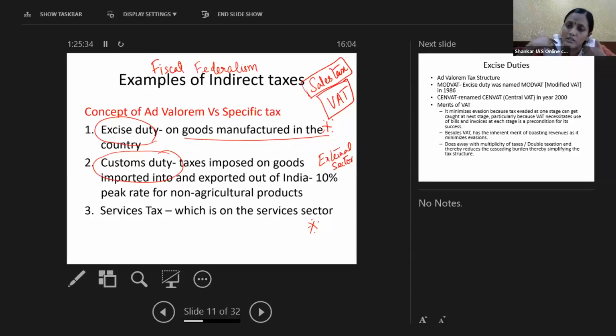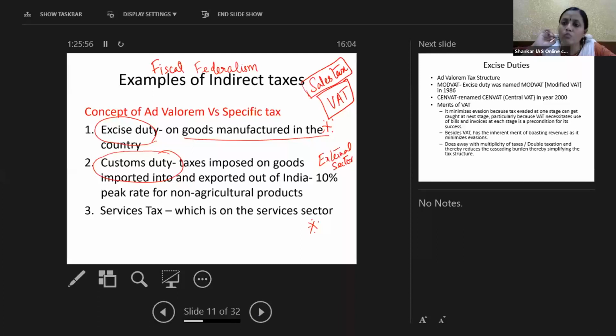Actually, this concept has been taken from the European countries, value-added taxation. How did we modify it? We wanted to levy this taxation upon the manufactured goods. So it could have been called man VAT or mon VAT, referring to the manufacturing sector, but they didn't name it like that.